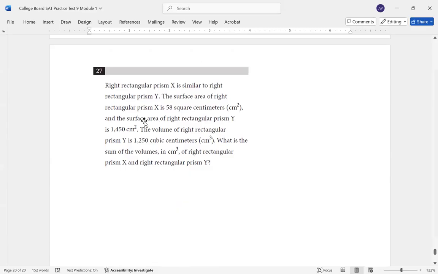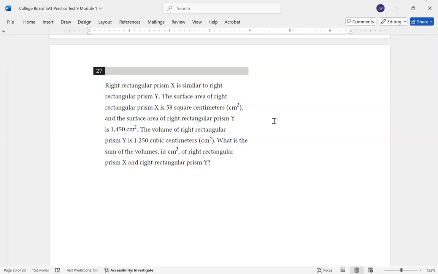27. Right rectangular prism X is similar to right rectangular prism Y. The surface area of right rectangular prism X is 58 square centimeters, and the surface area of right rectangular prism Y is 1,450 square centimeters.